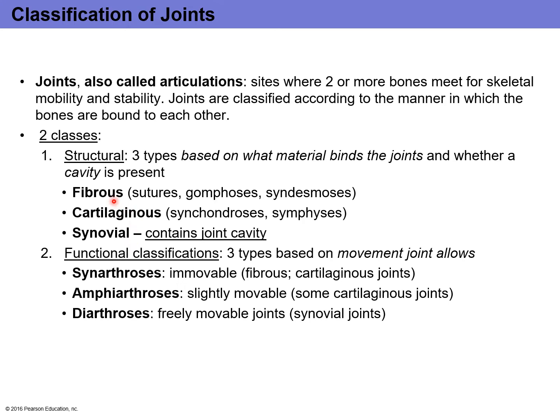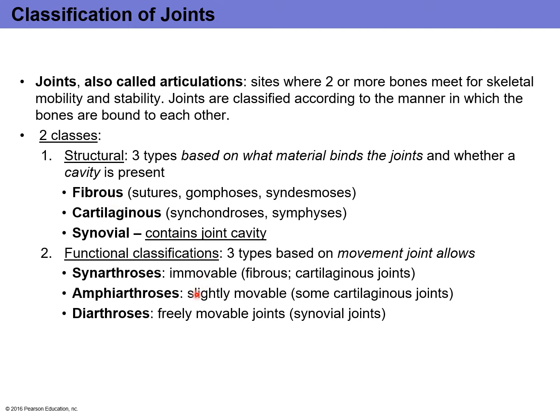And so what does this mean? Well, when you say fibrous joint, what we're talking about is typically a lot of collagen. So there will be a lot of connective tissue fibers existing between the bones that are joining together. And in this case, if there's a lot of fibrous connective tissue between them, then functionally, in most cases, if it's a fibrous joint, you can say it's immovable.